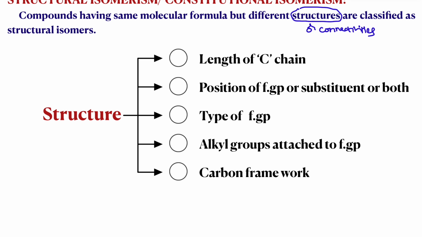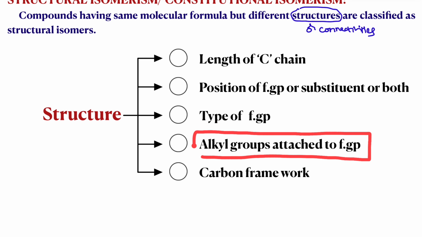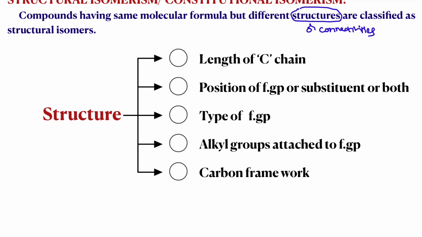Check what type of functional group they have. Check whether the alkyl groups attached to the functional group are the same in both compounds or different. And check the carbon framework, open chain compounds and closed chain compounds. If you understand these 5 points, it will be very easy to understand the 5 types of structural isomers.